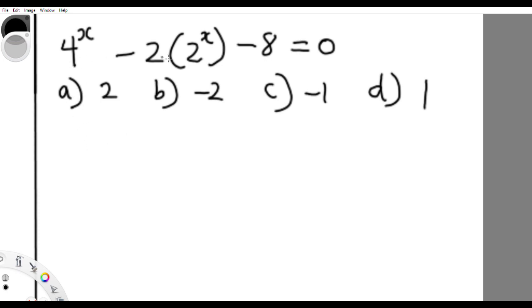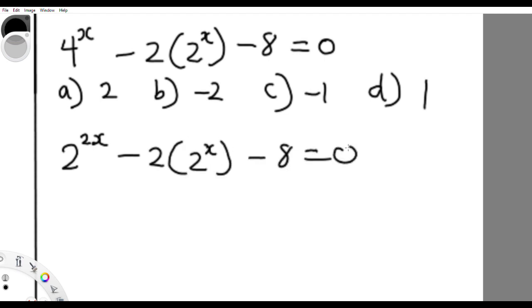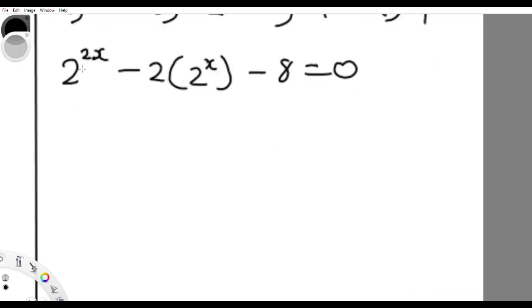So based on the fact that I already know what to do, this one becomes 2 raised to the power of 2x minus 2x minus 8 equals 0. I just simplified that. Now I can see that 2 raised to x is common, so I can represent it as something.